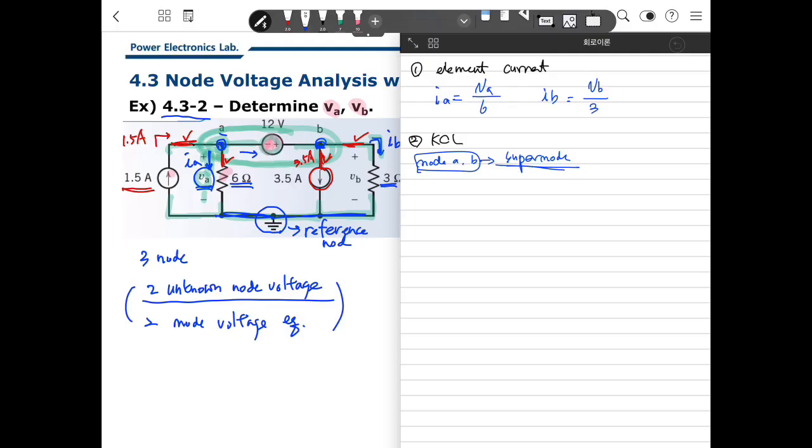This current is plus 1.5, and this current is going out from the node, so there will be minus IA, and this current of 3.5 is going out from the node, so minus 3.5, and this current is going out from the node, so minus IB equals 0.